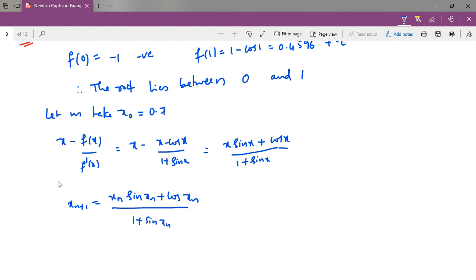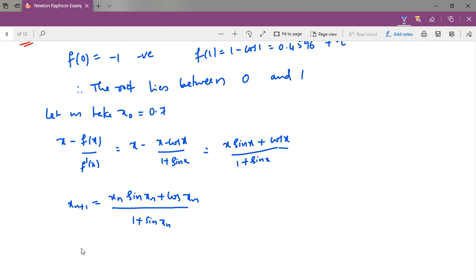Okay. With this iteration formula, from the Newton-Raphson formula only, we have modified this formula by taking LCM. So x n plus 1 equals x n sin x n plus cos x n divided by 1 plus sin x n.